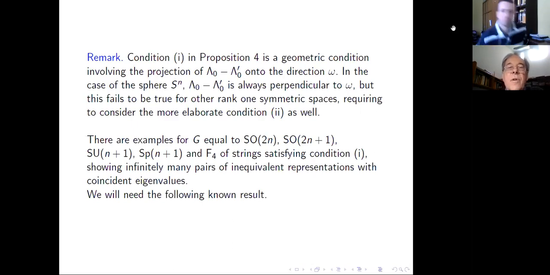In the case of the sphere Sn, that means the case of G equal SO(2N), then condition 1 is the one to look at. Condition 2 cannot hold. On the other hand, for the other symmetric spaces, we need to look at the second condition as well, at both conditions.